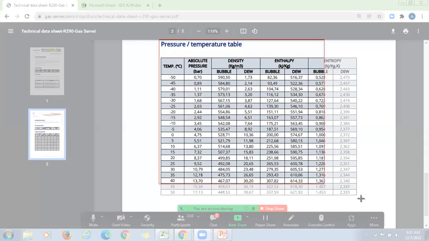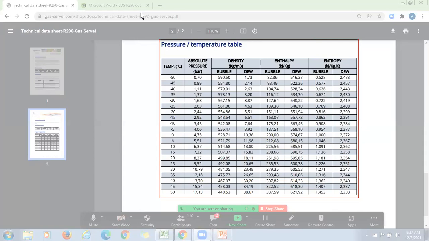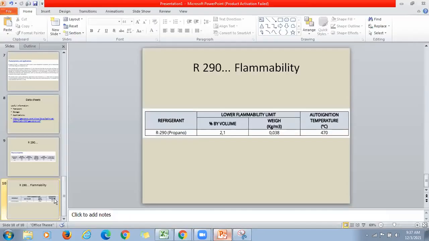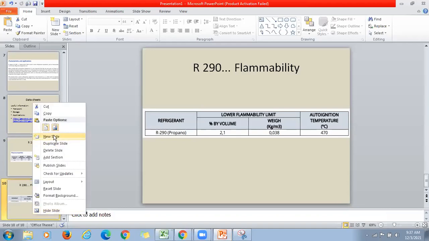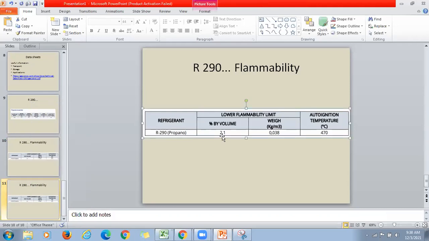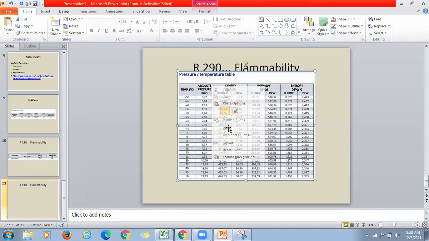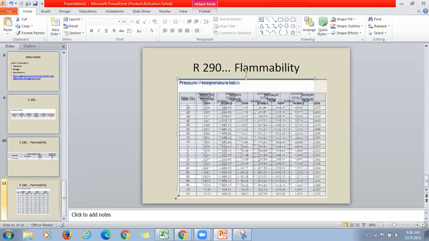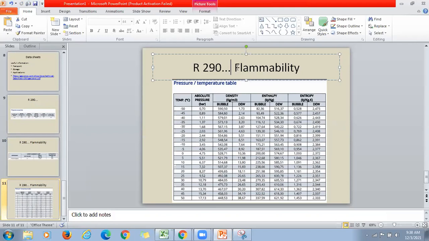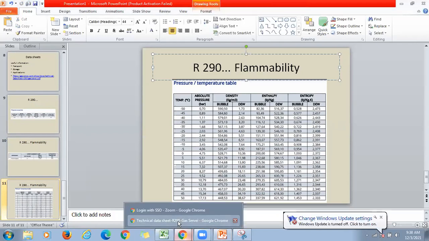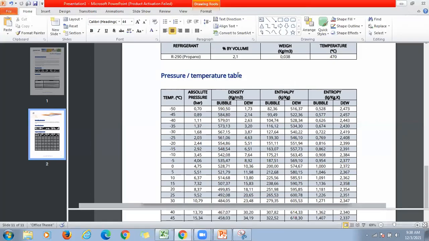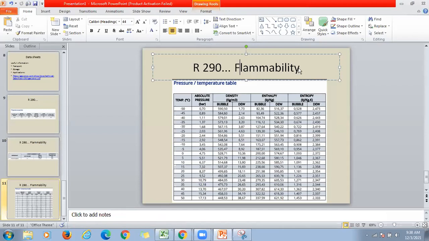Good. So you can see my screen here, the computer. Just pay your attention.